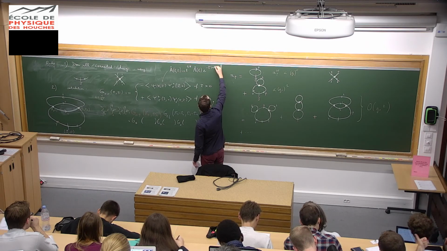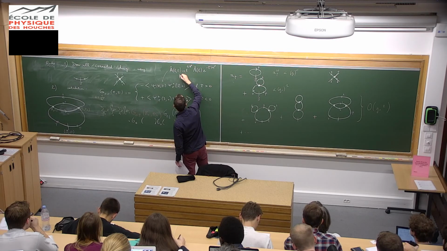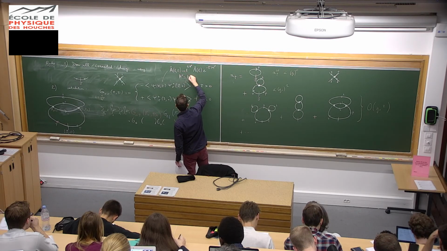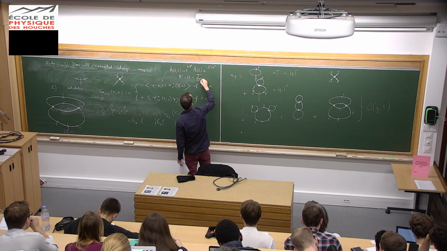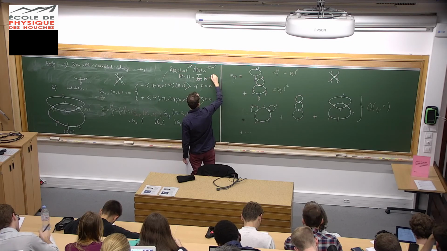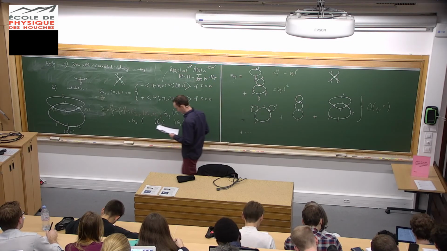And actually, instead of H it's convenient to use H prime, where H prime is H minus the sum over sigma of mu sigma n sigma. So it's a grand canonical Hamiltonian.